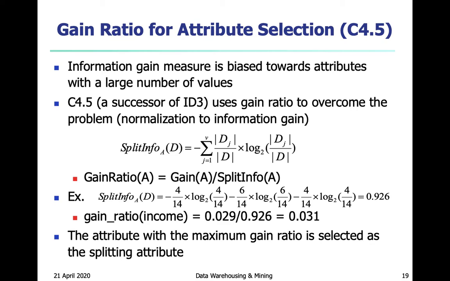And what is the formula? It is the gain of the particular attribute divided by the split info.